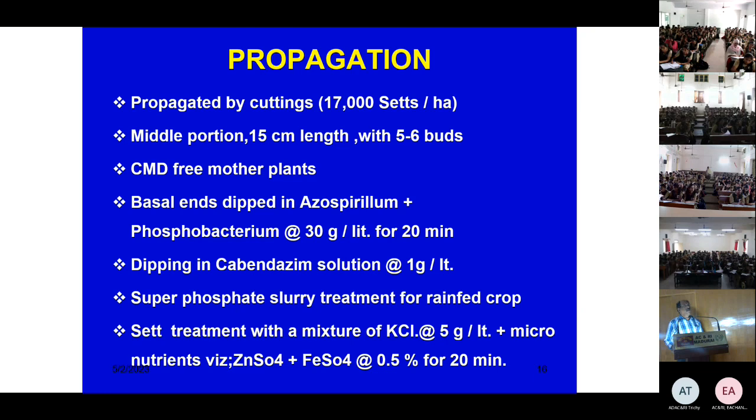For rain-fed crop, the superphosphate slurry treatment is best for planting, and also set treatment by a mixture of potassium chloride 5 gram per liter and micronutrients, because the tapioca is also susceptible to nutrient deficiency. So zinc sulfate and ferrous sulfate at the rate of 0.5% for 20 minutes. Then after that, the sets are used for planting.